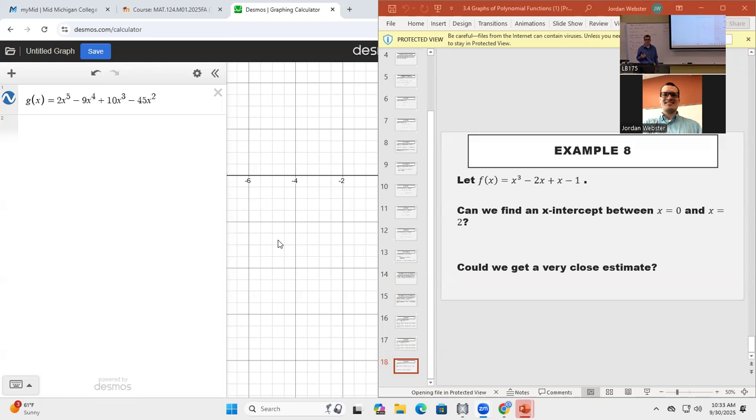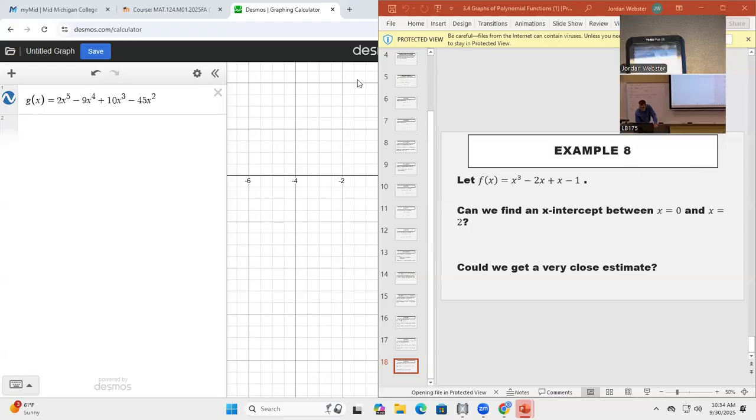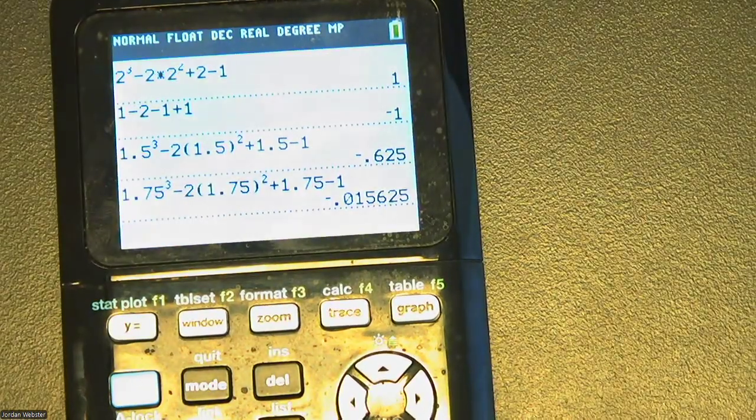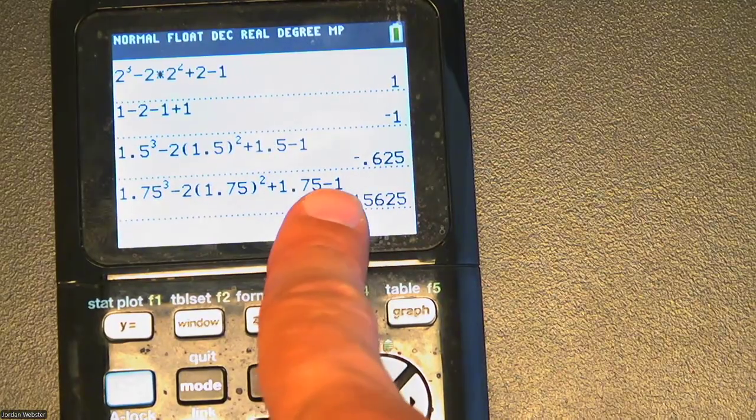So we knew that some x value between 1.5 and 2 was going to be a 0 for our function. I did the 1.75 as well, I forgot to say.